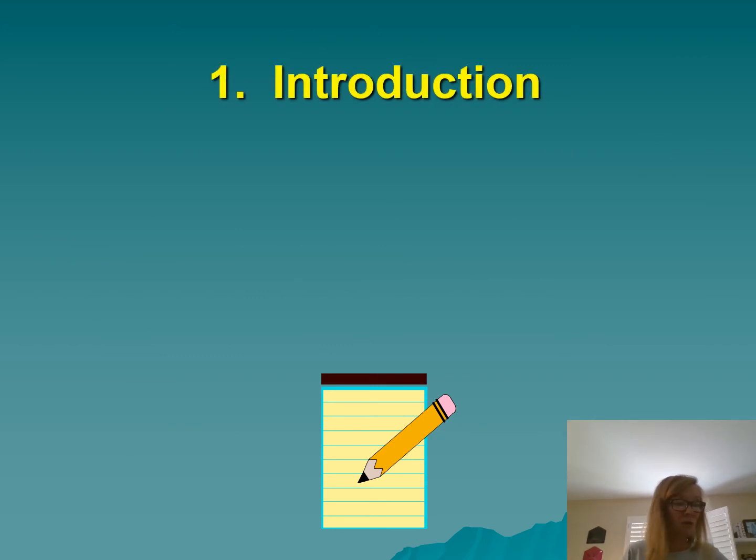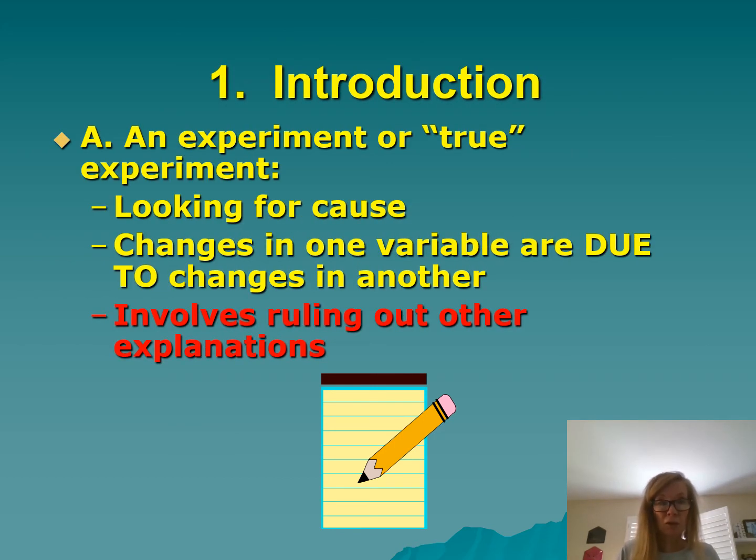All right, so introduction to experimentation. First, a little bit about terminology, okay? So when you hear the term experiment, most times people are referring to something that is often thought of as a true experiment, okay? Now, that is distinguished from something called a quasi-experiment. We're going to get into the definition of a quasi-experiment later.